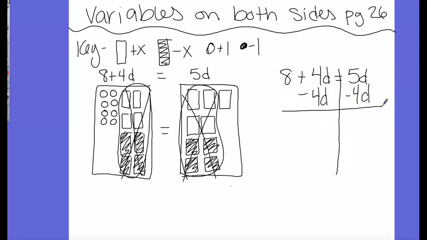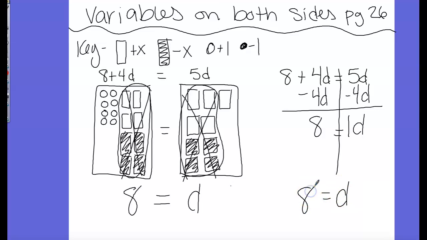So then I'm left with 8 on this side and 1d on this side, right? So we have d equals what? 8. Questions on that one?